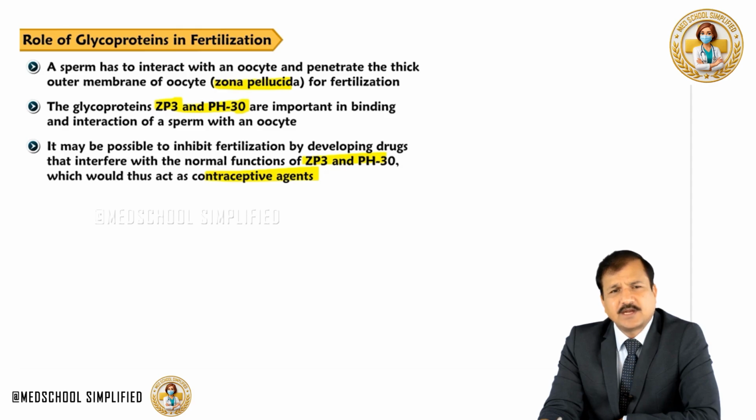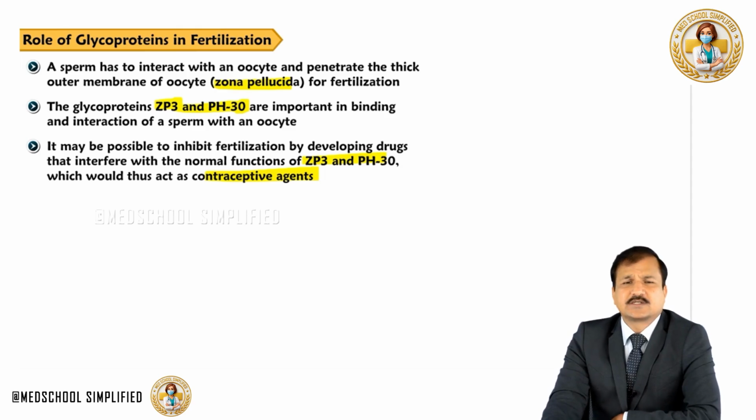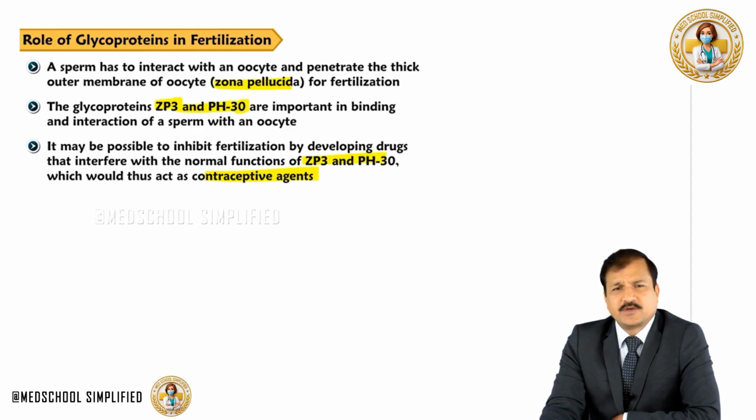So, ZP3 and PH30 are glycoproteins that can be targets for contraceptive agents in preventing the fertilization process.